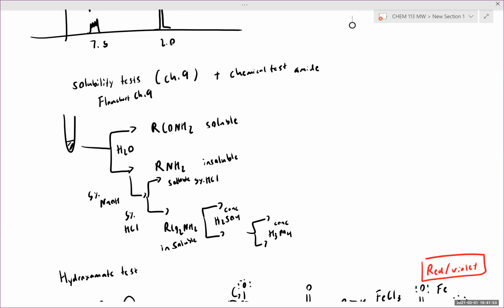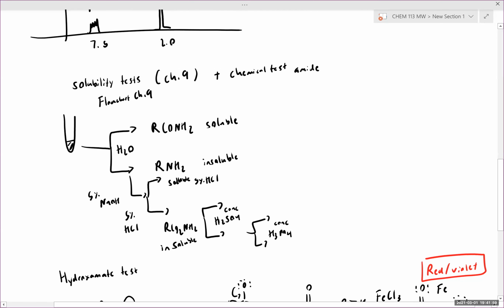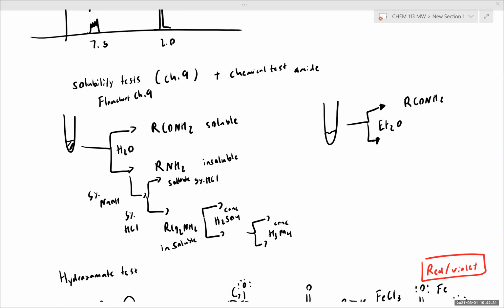Yes, you're also looking at the ether solubility, and that's a separate solubility test from the sequential group. And as we discussed in the flow chart, when we think about whether or not amides are ether soluble, looking back at our solubility chart table, let me pull that up just so that we can be on the same page.